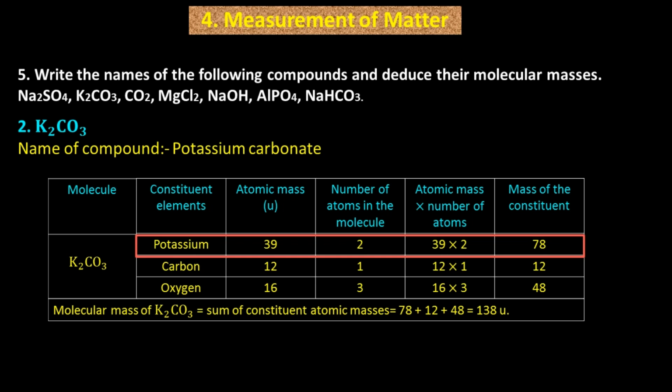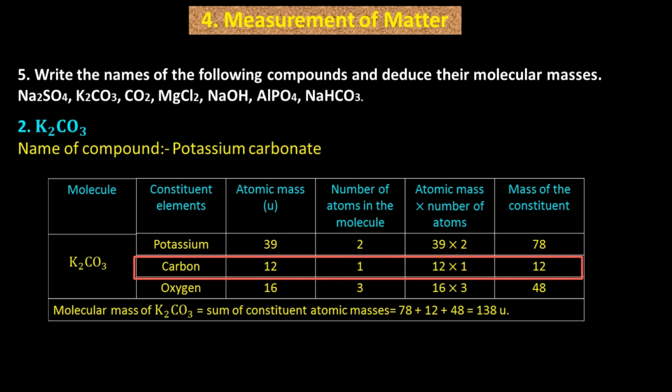Therefore, atomic mass of the constituent is 39 multiplied by 2 is equal to 78. So, carbon atomic mass 12. Number of atoms in the molecule is 1. Therefore, 12 multiplied by 1 is equal to 12.